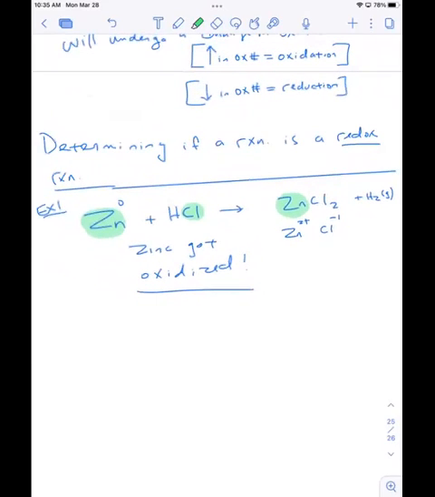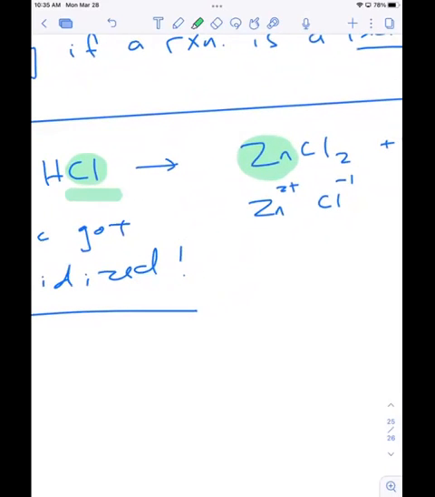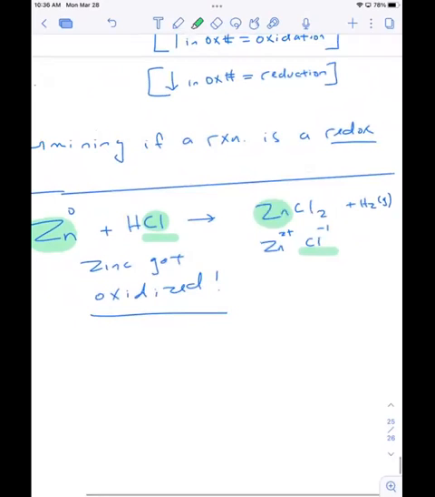It's -1, and hydrogen is +1. We can see that the chlorine is -1 on the other side as well, but there are 2 chlorines. So we can say that the chlorine is what is going to be reduced in this case. So if zinc got oxidized, the chlorine gets reduced.